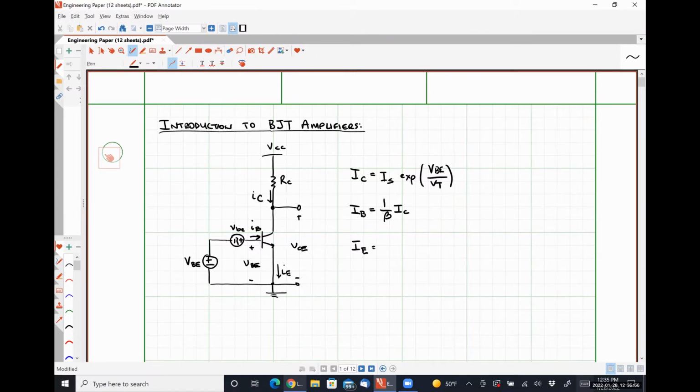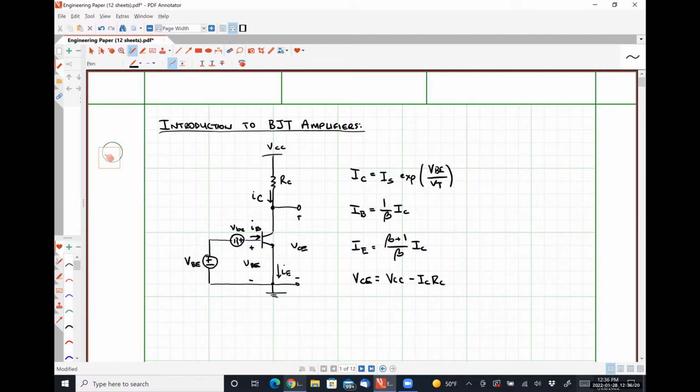IE would be beta plus 1 over beta IC, and our output voltage VCE would be VCC minus IC RC. Anybody have any problems with literally any of these relationships?